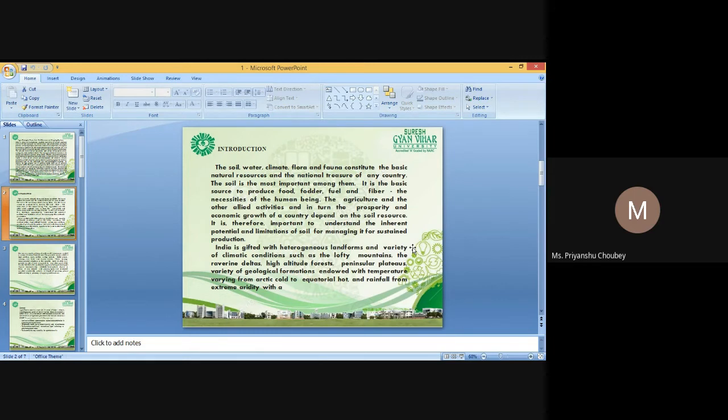Around 1990, nearly 120 million hectares of India's terrain stood exposed to soil quality damaging processes, whether global or regional.